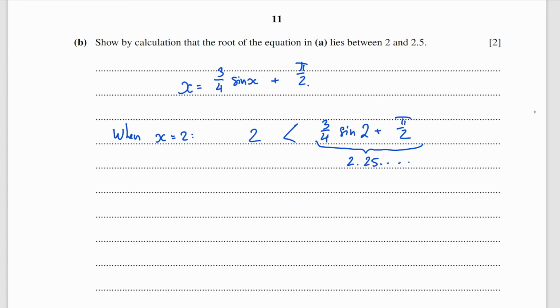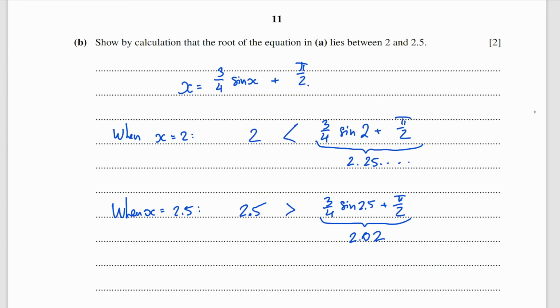And 2 seems to be less than 2.25. Now substitute x is 2.5, get 2.5. And on the right, I got 2.02. Now checking on that, 2.5 is bigger than 2.02.